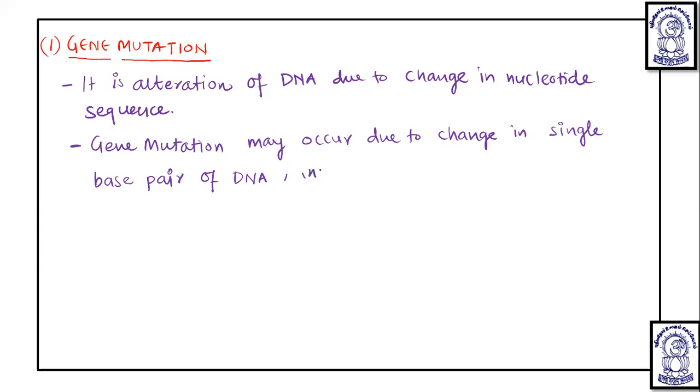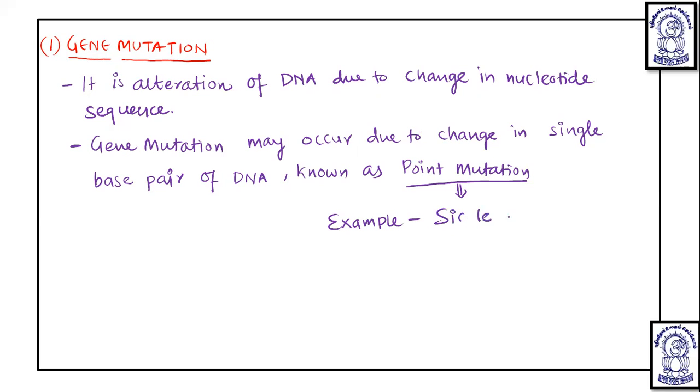Then it is known as point mutation. And the classical example of this point mutation is sickle cell anemia. This sickle cell anemia we are going to discuss later, during the genetic disorders.